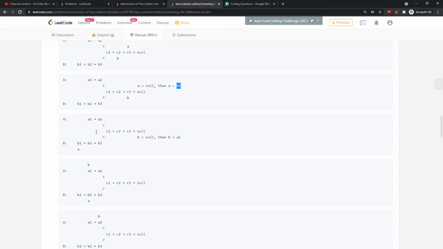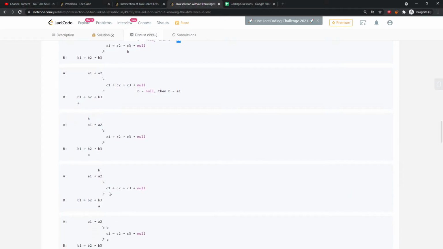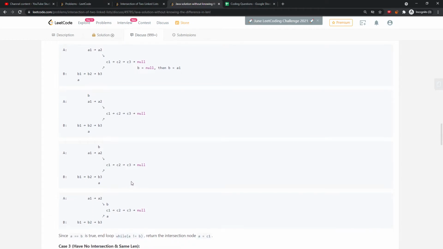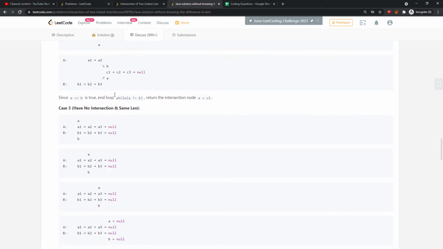Since they are different lengths, when they traverse the different linked lists, they will definitely meet at some point, which in this case is C1. Just follow the diagram, and when they meet, return A or B, doesn't matter.